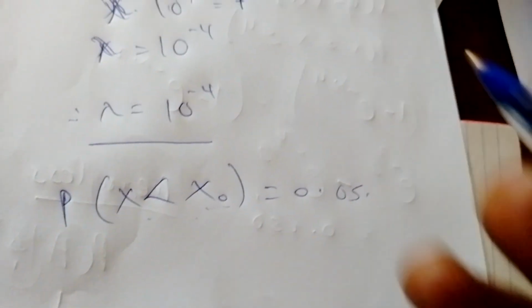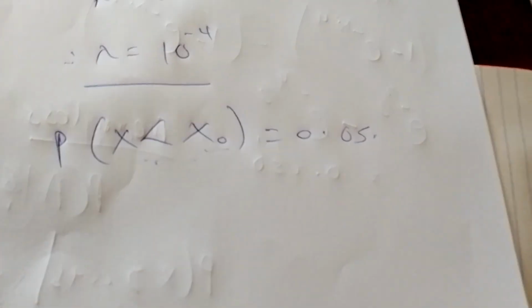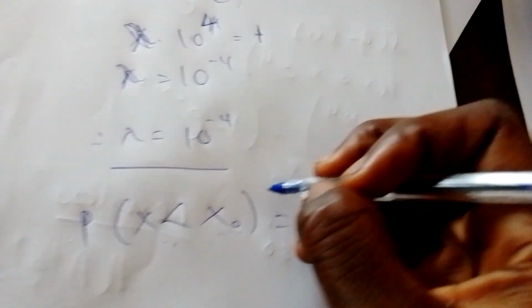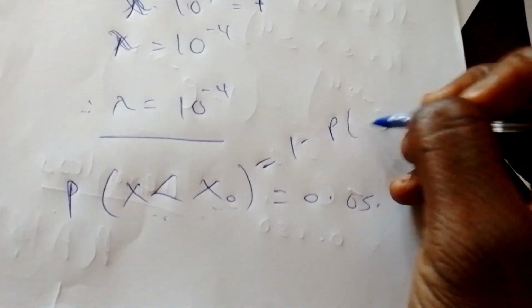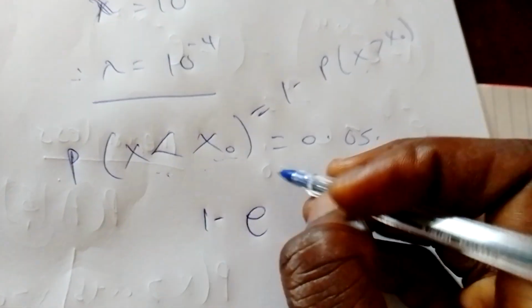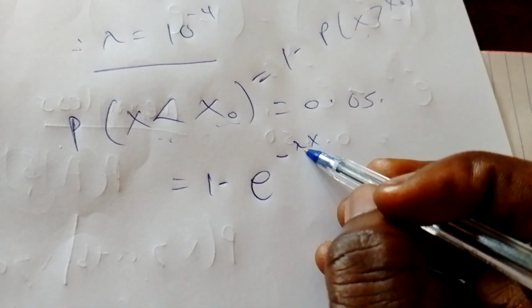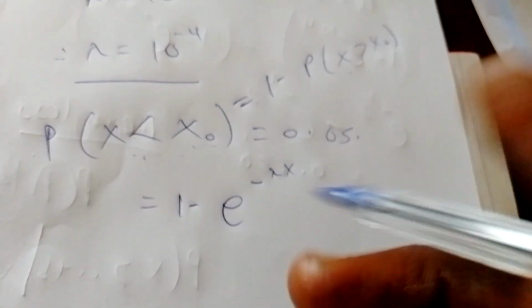To work this, we go with the same method, but this one is less than. For greater than, it was just the same thing. For less than, it just has to be 1 minus that thing. This is quite straightforward. So that'll be 1 minus the probability of X greater than x naught. So we can just say 1 minus e power negative lambda x, and we know our lambda, so this equals 0.05.